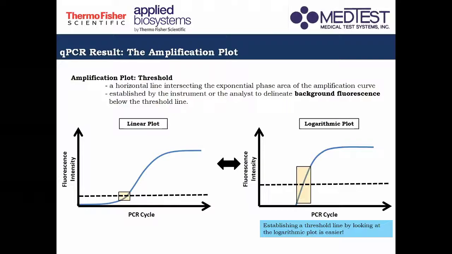So we have to set a threshold on that plot, and the threshold is always horizontal to the PCR cycle. Now, yan na yung sinasabi ko. Mas magandang mag-set ng threshold sa logarithmic plot kasi mas malaki yung area na pwede mong pag-decide ng threshold kesa sa linear plot kasi masyadong maliit.